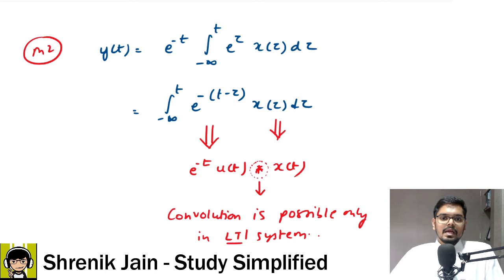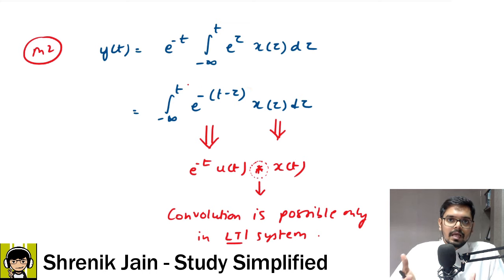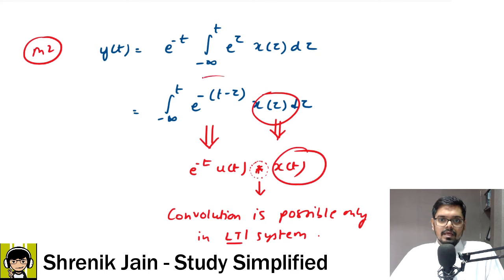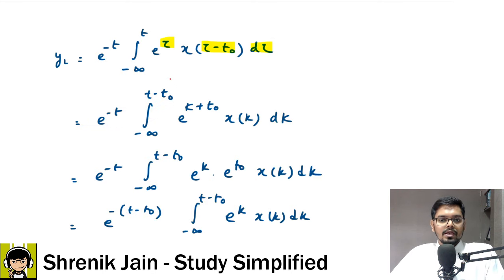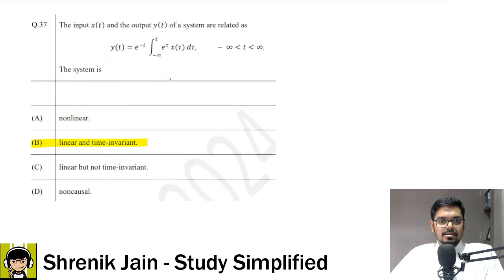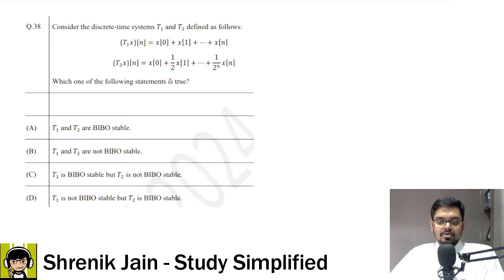Just by taking this inside, clubbing the exponential power, looking at this, it's x of t convolved with h of t. This is where I got the idea of x of t, and this is where I got the idea of the convolution, right? So it was e to the power minus t u of t. In that way, convolution happens only in an LTI system. The answer was LTI, linear and time invariant. Easy. So no need to do all these things. Just look at the question, mark the answer, if you know the tricks and techniques. Let us move forward to the next question.